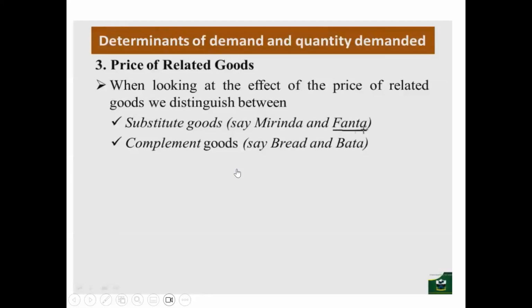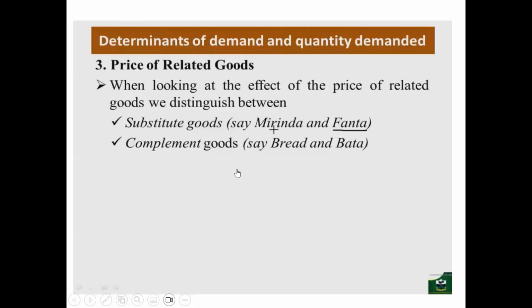It means that, holding other factors constant and following the law of demand, the quantity demanded for Fanta will reduce, because the higher the price, the lower the quantity demanded. So if the price of Fanta goes up, as a consumer, you will reduce your quantity demanded for Fanta, which means that if the price of Mirinda is held constant, and because Mirinda is a substitute good, you will buy more of Mirinda.